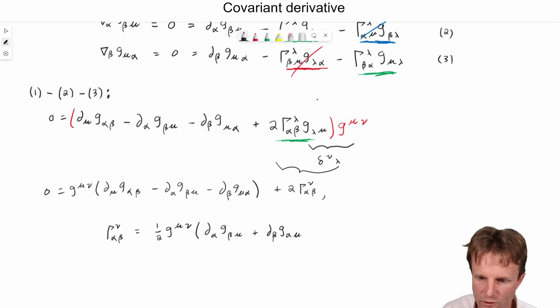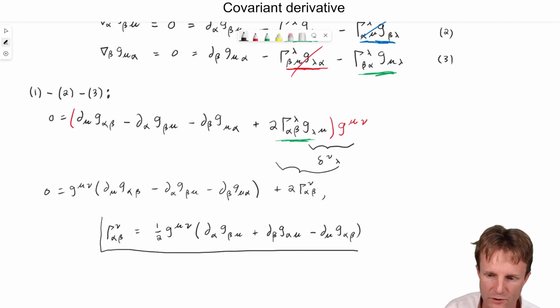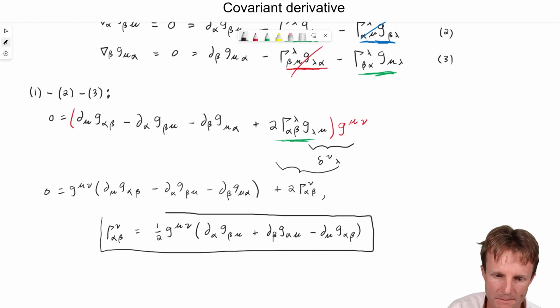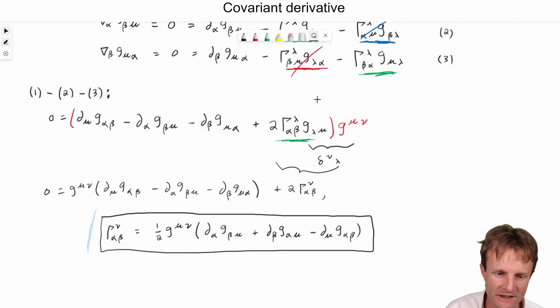I find it easier to remember that way, minus del mu g alpha beta. And that's our formula for the Christoffel symbol that will be used a lot to actually calculate these things.